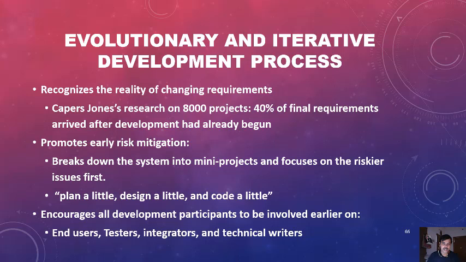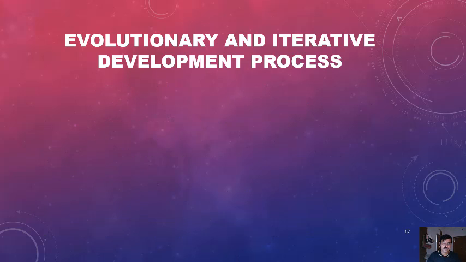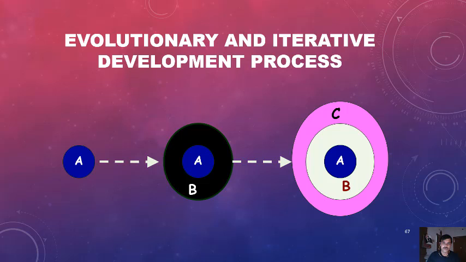After the first iteration, the tester can test the core module, then in the next iteration the next developed module, and then the integration process. The technical writers can start the user manual effectively after the first, second, and third iterations. So this is the core development evolution of the software development process.